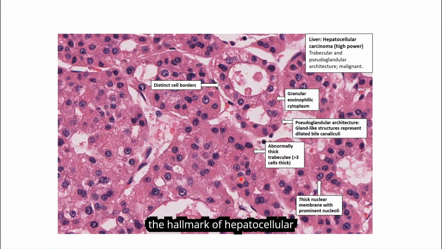This is the hallmark of hepatocellular carcinoma. Nuclei are hyperchromatic with thick nuclear membrane with prominent nucleoli. So this is the case of hepatocellular carcinoma. And commonest etiological factors are hepatitis C virus, hepatitis B, alcohol, and non-alcoholic steatohepatitis.